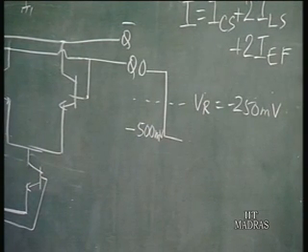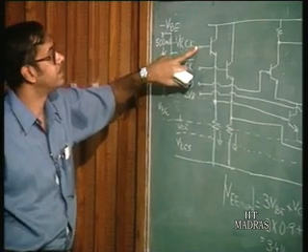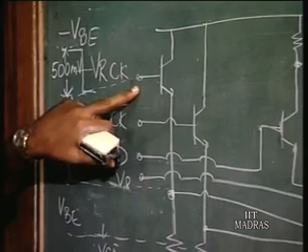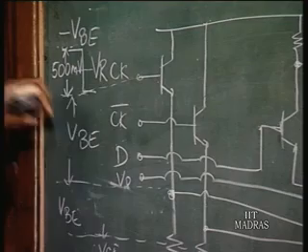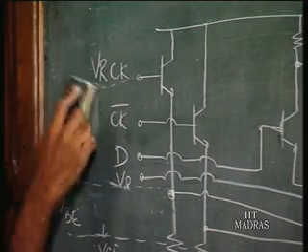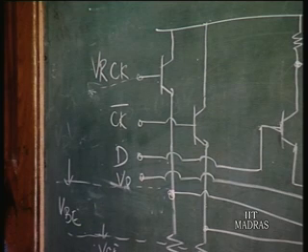So the input voltage here, at the clock input here, is no longer minus VBE minus 500 millivolts, but it is now from 0 to minus 500 millivolts.